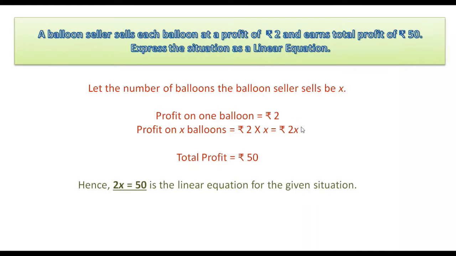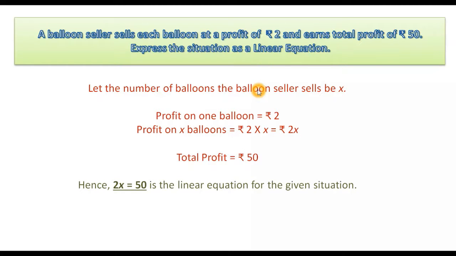We'll try to equate them, because this is the profit on all balloons and this is also the profit on all balloons. So definitely 2 times x should be equal to 50. So 2x equals 50 has formed a linear equation. This is the linear equation for the given situation. This is how we can translate a statement into a linear equation.